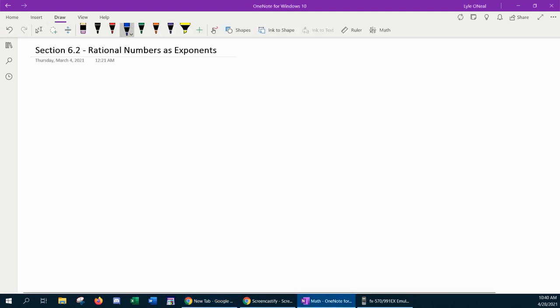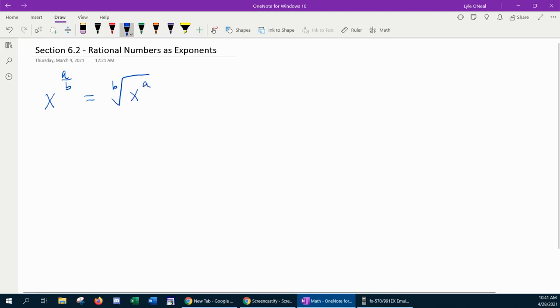And so we have a property that says if you have a variable to a fractional power, you can actually convert the rational exponent into a radical symbol. So that formula says that the denominator becomes the root and the numerator is the exponent.